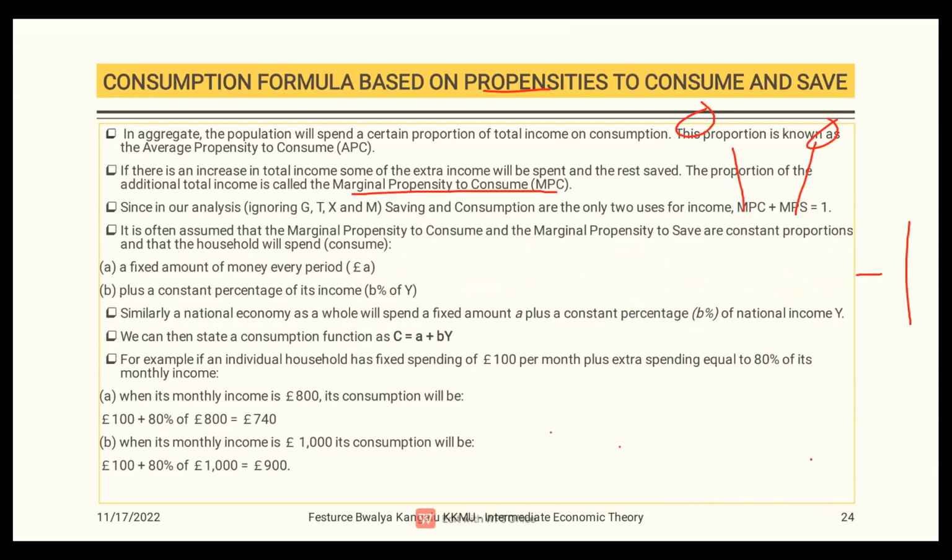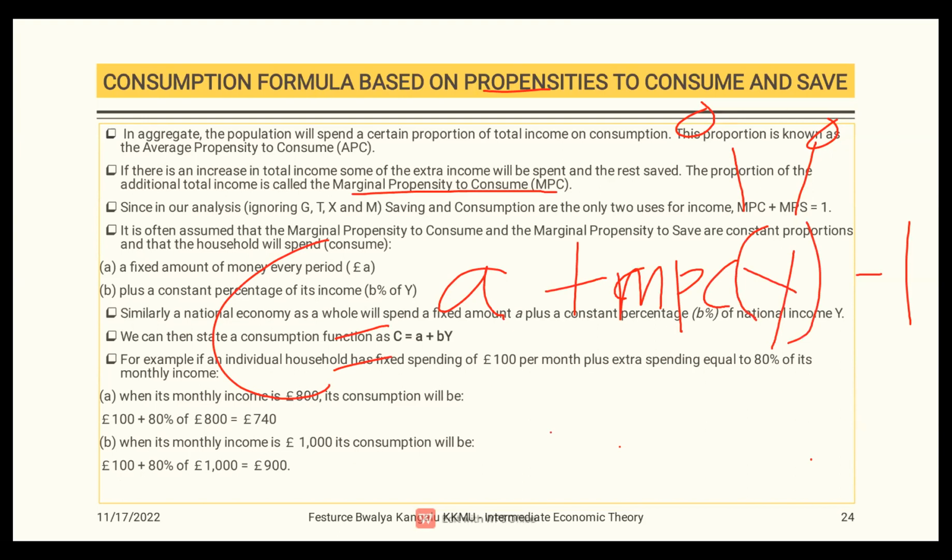Are we together? Okay. So therefore, our consumption can be given as autonomous consumption plus the marginal propensity to consume times our income. Did you get that?